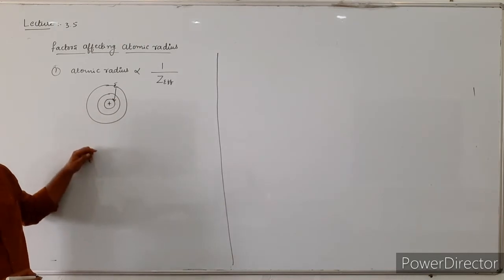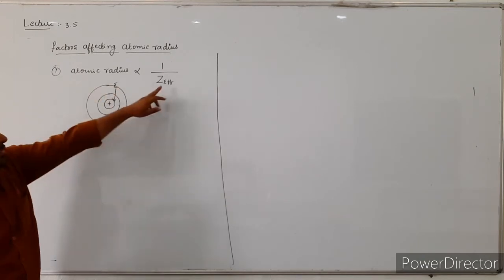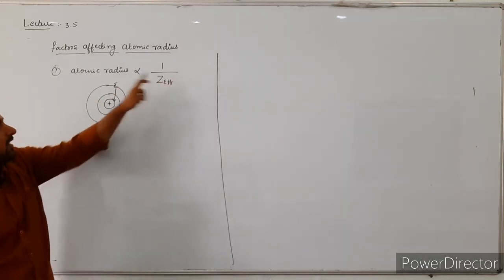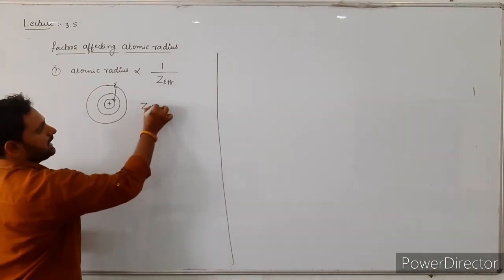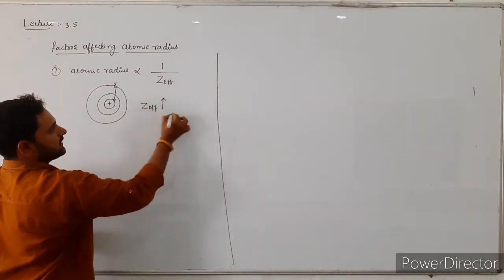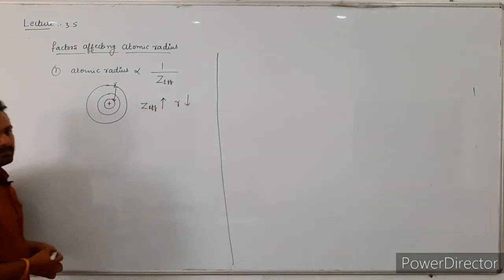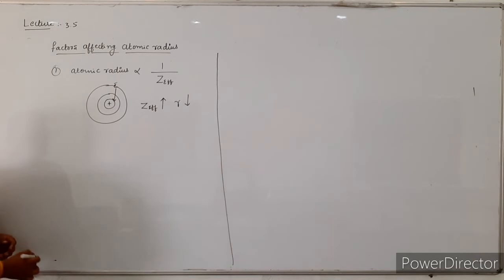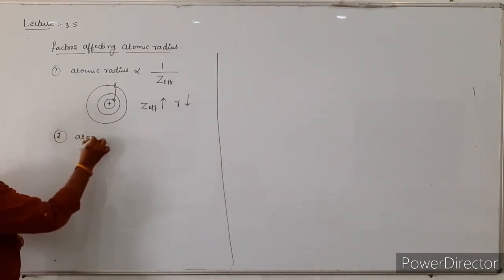If electron starts moving towards the nucleus, then size decreases, right? Effective nuclear charge increases, atomic radius decreases. Both are inversely proportional.